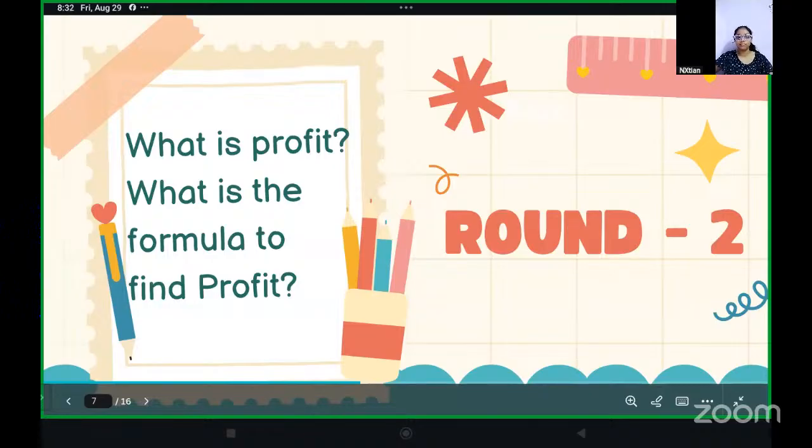Profit is the increase of money that you get, the more amount of money you get when you sell something. The formula to find profit is selling price minus cost price.